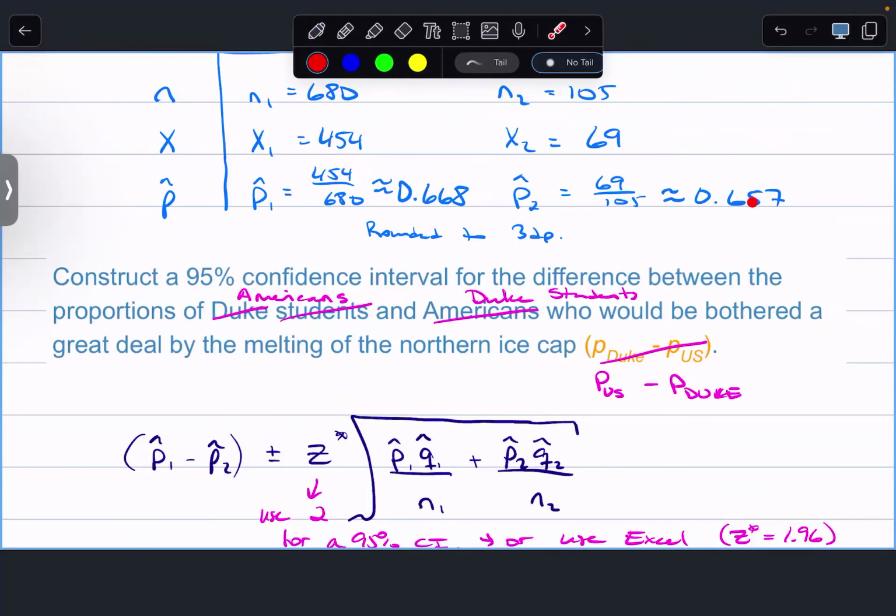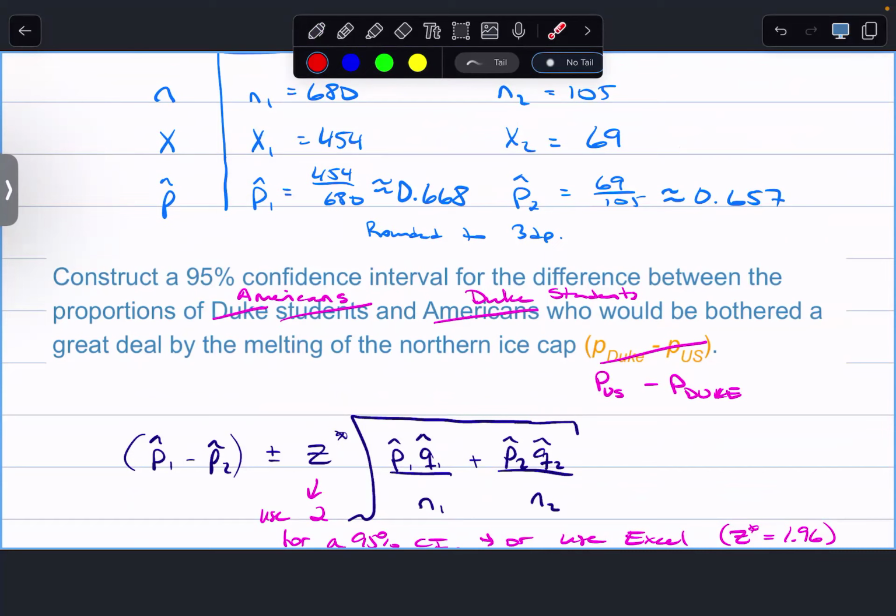Just looking at these proportions, 0.668 and 0.657, those look relatively similar to me, right? But what I want to know is, are these different enough to be considered significantly different from each other? That's what we're building up to, right?